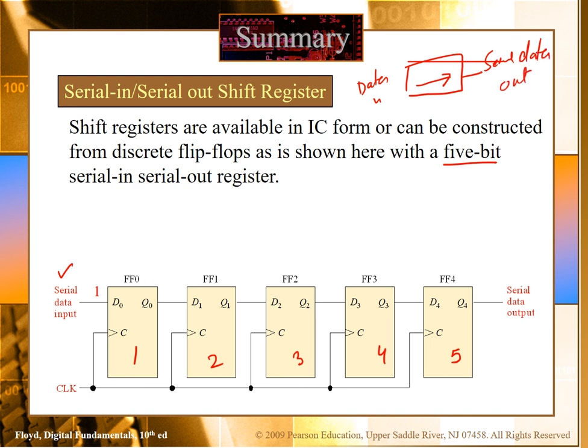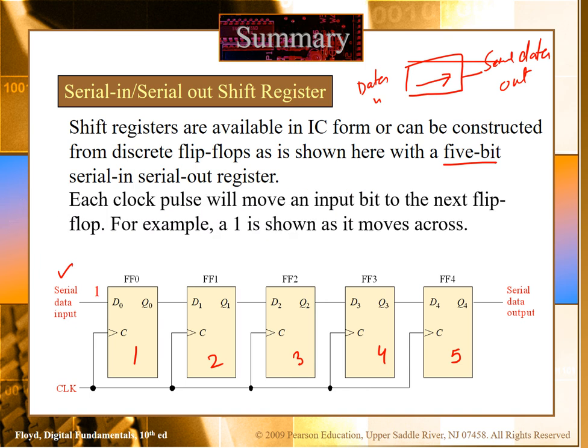So how will it happen? At each positive edge of the clock, this one will be shifted towards right. First edge of the clock, one is here; next edge of the clock, shifting towards right again. Why?